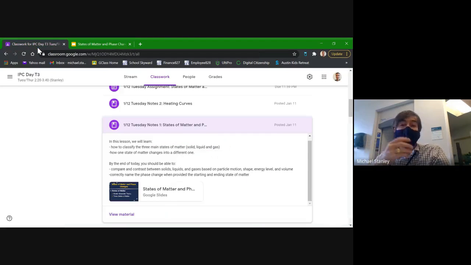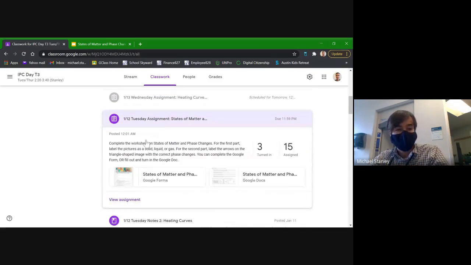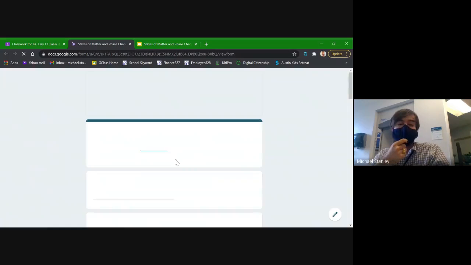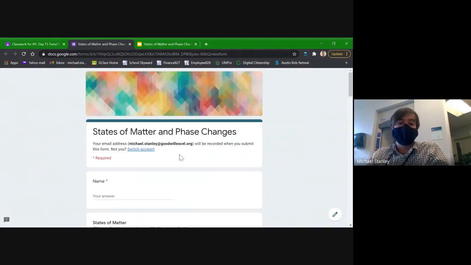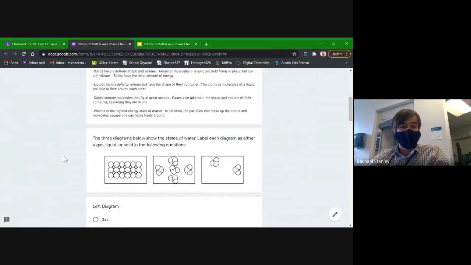So we do have kind of one more set of notes to talk about regarding these changes between solids, liquids, and gases. But before we do that, I wanted to kind of briefly show off the homework for today, the daily assignment for today. Pretty short and straightforward. It's a couple different parts.